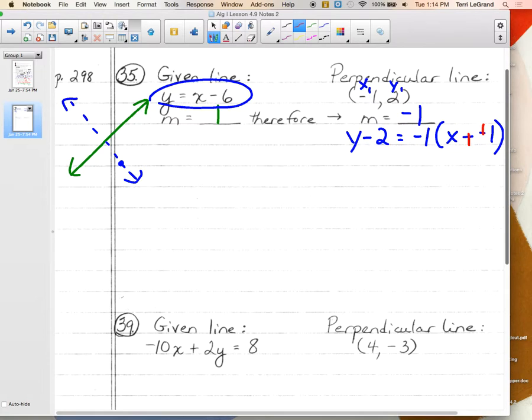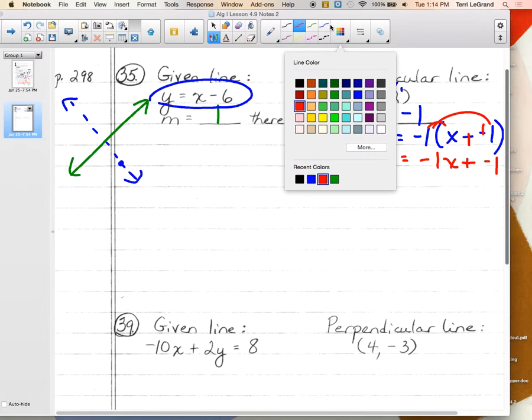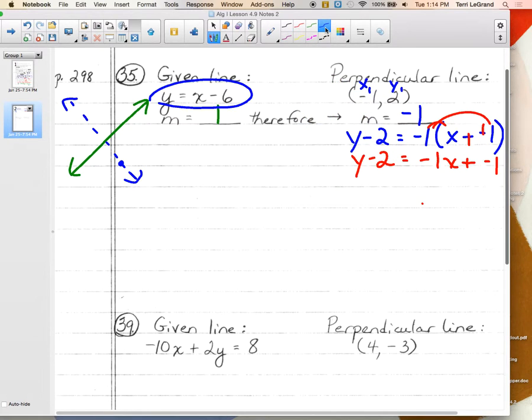Instead of subtracting negative 1, we'll add the opposite of negative 1, positive 1, and now we'll do distributive property. So we have y take away 2 equals what? Negative 1 times x, plus negative 1 times positive 1 is negative 1. Next step, add 2.